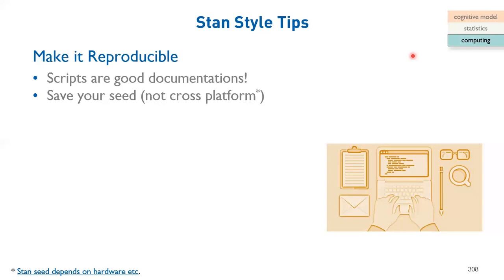But if I use the seed in Stan and you use my seed in Stan, we will pretty much get different results, because compiling from Stan to C++ depends on the hardware of your computer, and my hardware is different than your hardware. That's why we cannot get exactly the same results. Okay, this is only something to keep in mind.